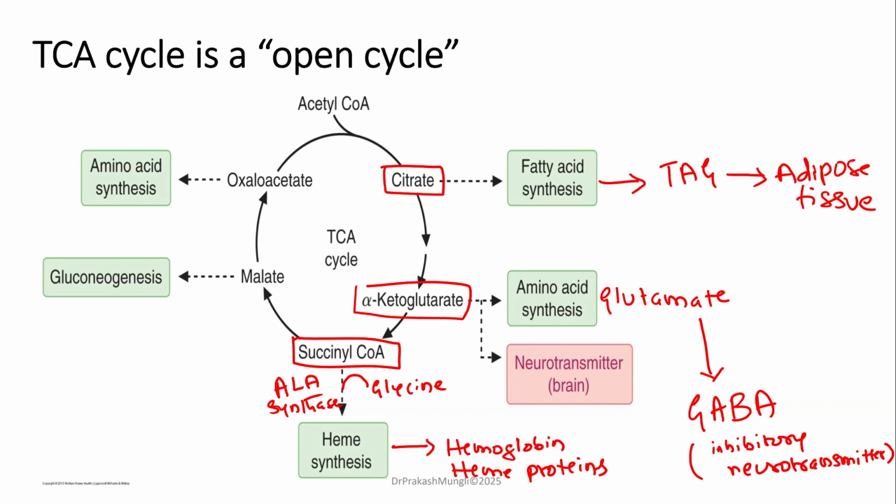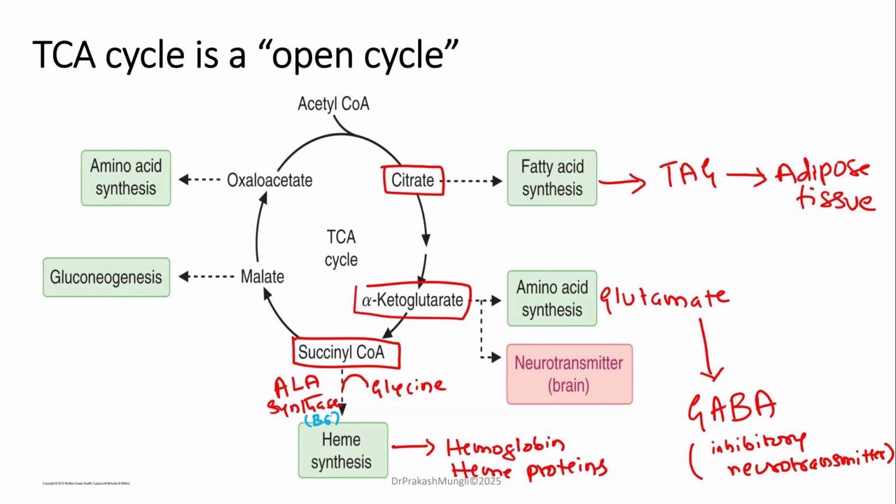And what is the vitamin that is required for ALA synthase? B6, pyridoxine, PLP, pyridoxal phosphate. So it can be connected that way. Succinyl-CoA combining with glycine, ALA synthase, vitamin B6, heme is synthesized, and it can become hemoglobin or heme proteins, any heme proteins like cytochromes and all that.